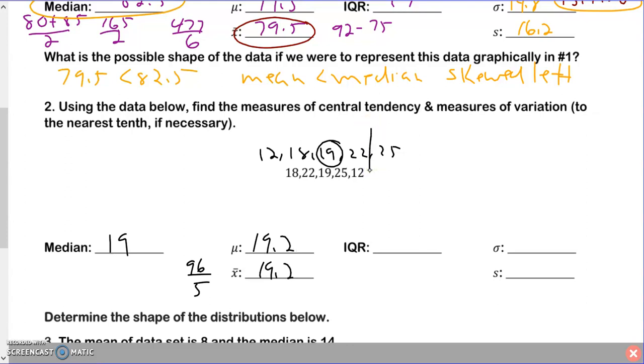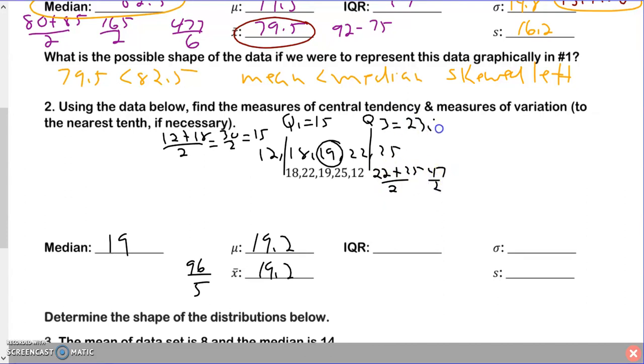Quartile 3 is found between 22 and 25: 22 plus 25 is 47, divided by 2, or 23.5.